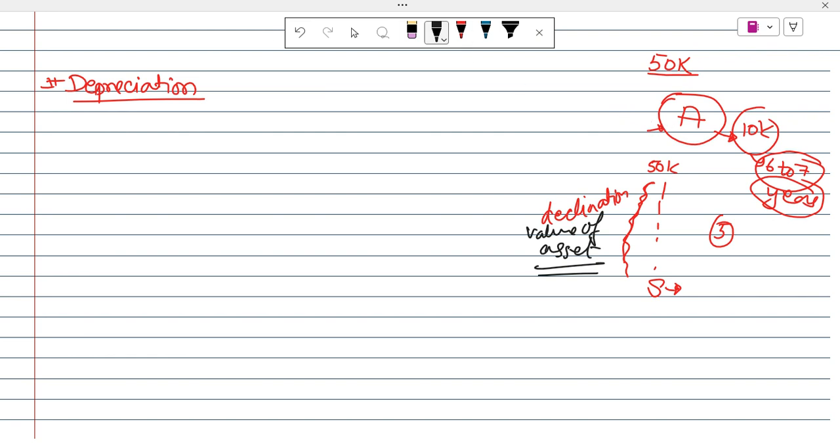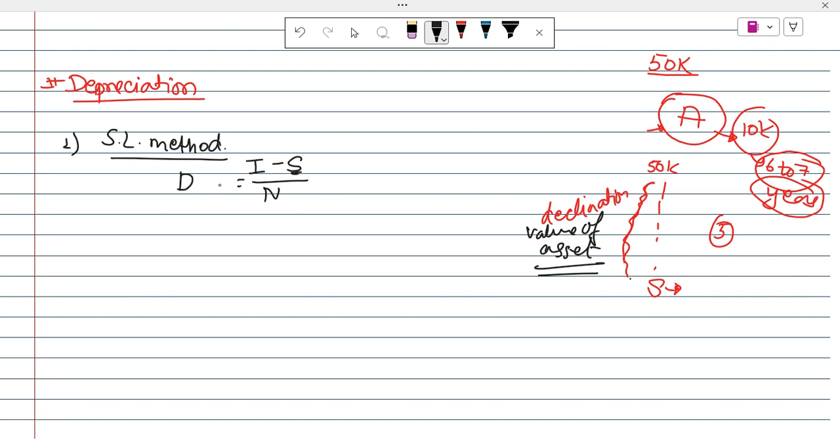The very first one is the straight line method. In the straight line method, we have our purchase value, or simply the investment, and we have our salvage value, which is the value of the asset at the end of the nth year. Their difference is divided by the total n years, or simply the number of years we have used.